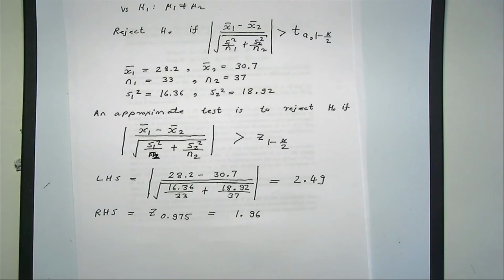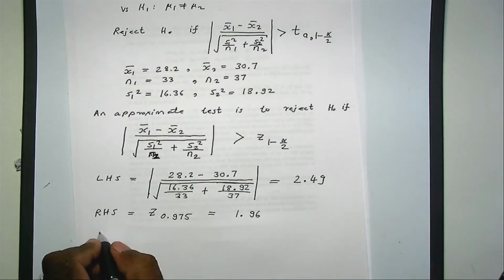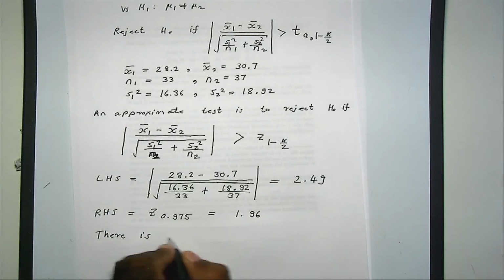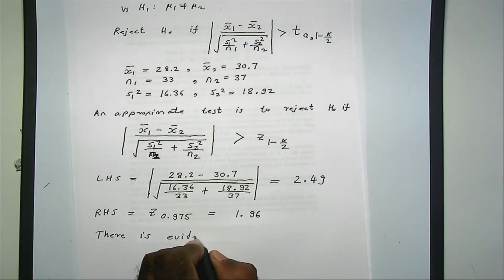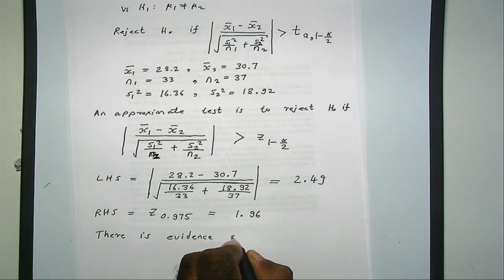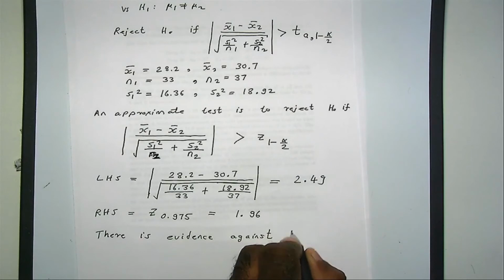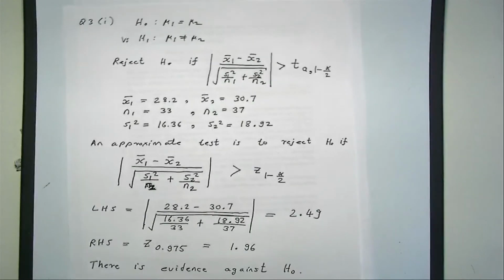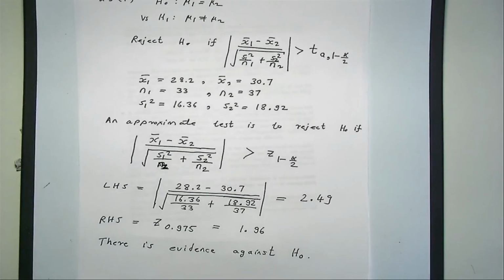So the conclusion is that there is evidence against the null hypothesis, that the two population means are equal. So this is part 1.